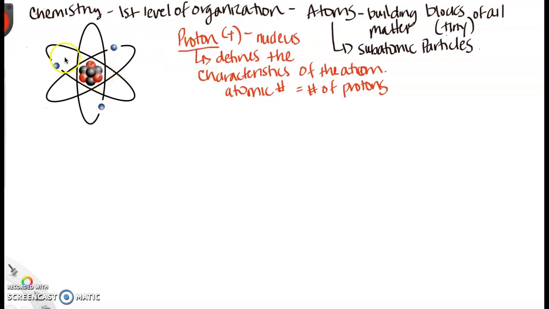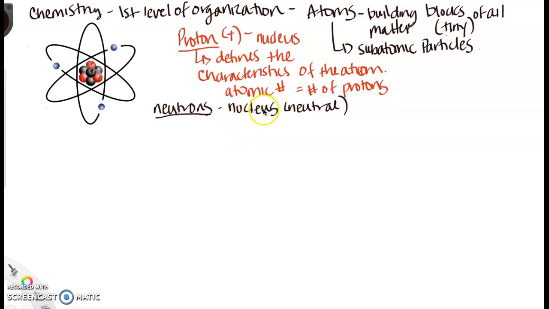So, looking at this thing here in the darker color, we have something called neutrons. So these are also located in the nucleus. And these guys don't have a charge, so they are neutral. And usually they are numbered in the same amount as there are protons.